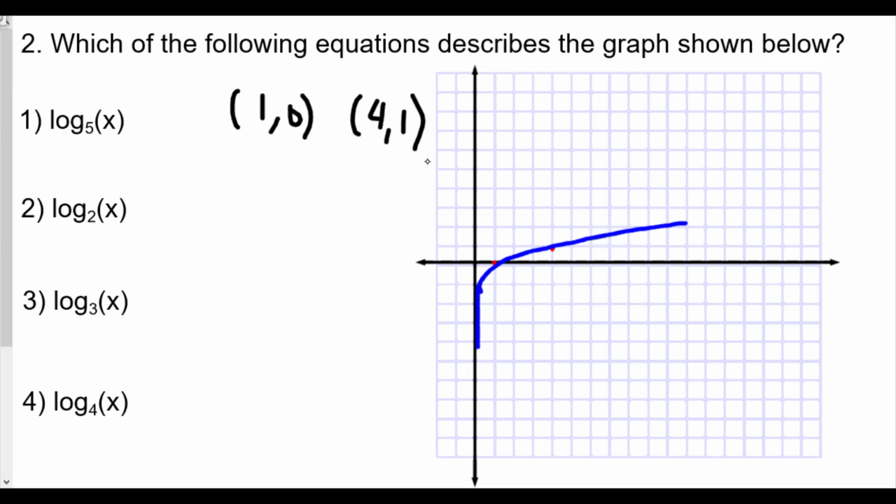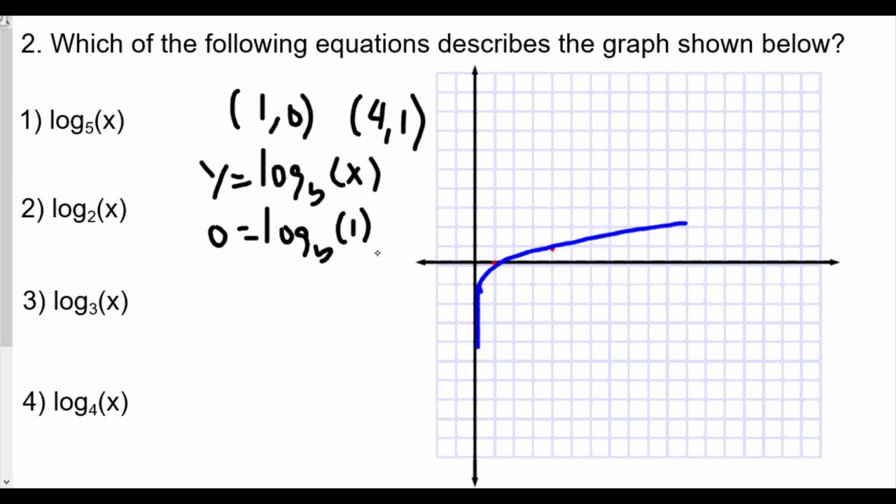Well, let's see. We definitely know in this case that one way to look at it is y is equal to log base b of x. So we plug in 1 and 0, okay? Well, that makes sense. 0 is equal to log base b of 1, because b to the 0 is equal to 1. That's fine. Any number to the 0 power is equal to 1, except for 0, which the b cannot be.